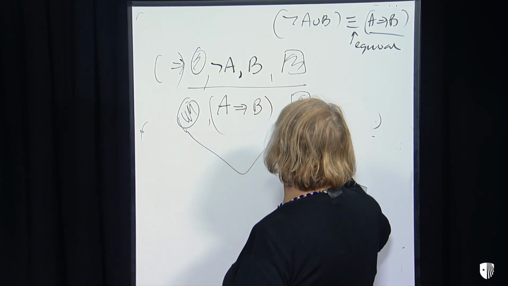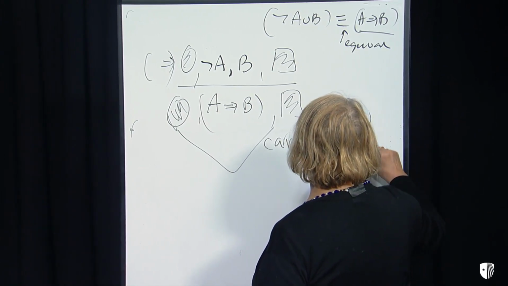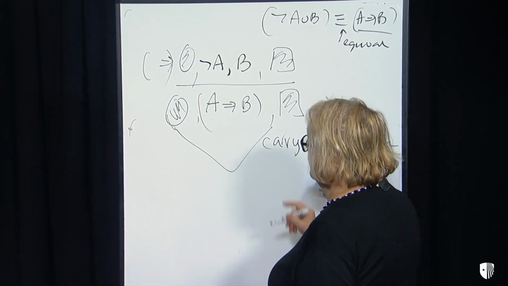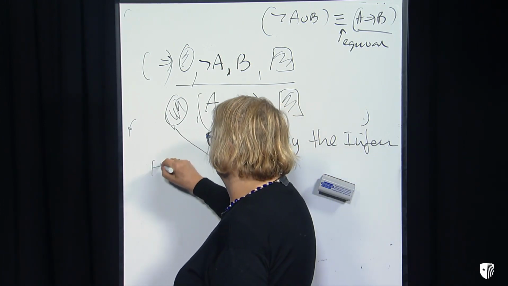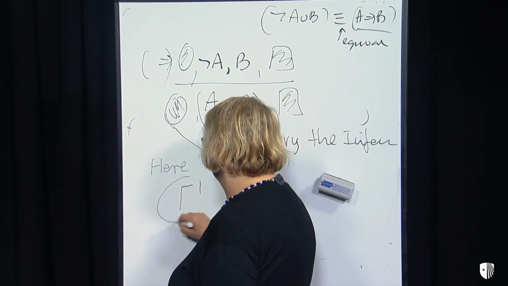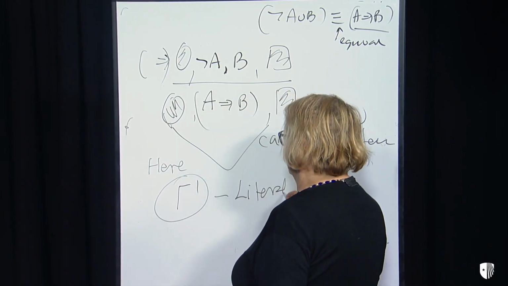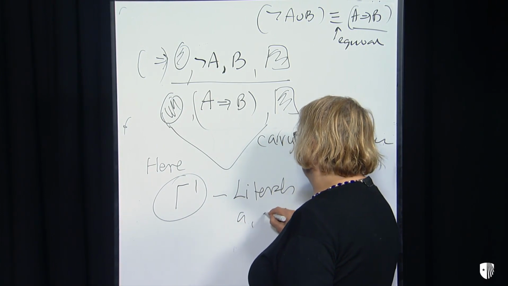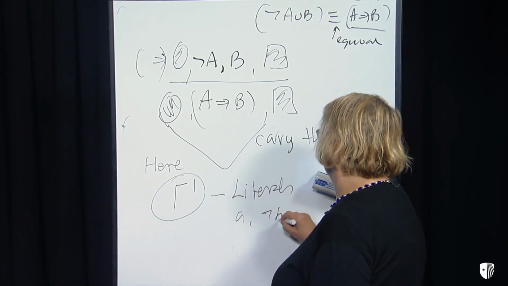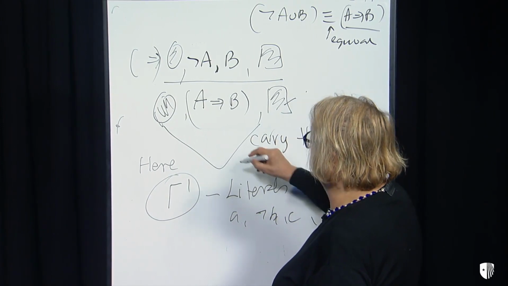So this is your information. You carry the information around, but here it is important that gamma prime are literals. So they are only variables and negations of variables, and here you have any formula.